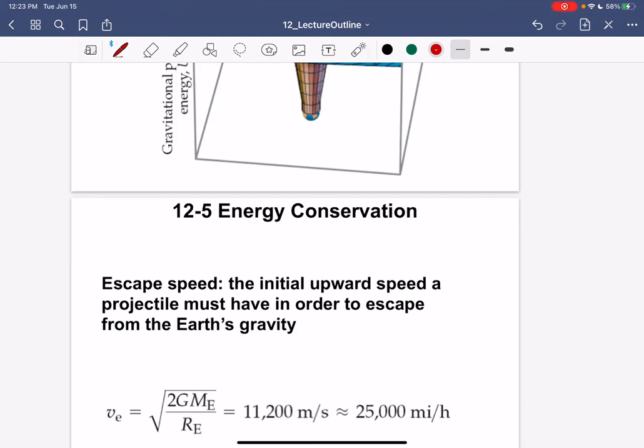Now also, when we are really increasing the speed, remember when I was talking about sending an object with a horizontal velocity, the escape velocity: we are getting the initial upward speed a projectile can have in order to escape from the Earth's gravity.